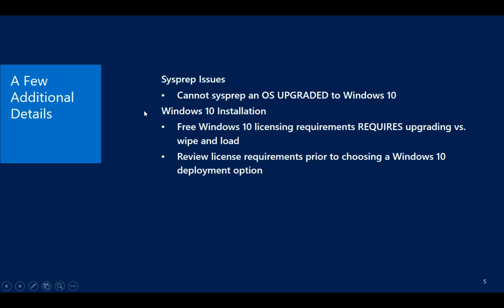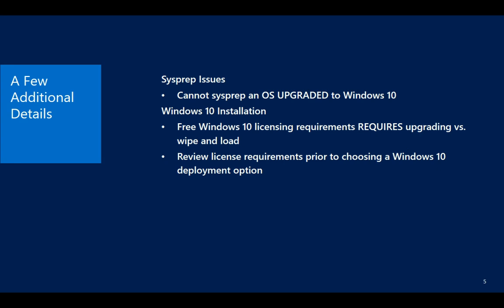All right, and then finally, a few additional details as we close this thing out. I told you it would be short, right? Wrapping up the series. Just a few things that I've come across as Windows 10 imaging has taken place. Certainly not an exhaustive list, and other issues might have crossed your radar, but these I've seen a couple of times. So first of all, sysprep. It's a very common process as you're capturing an image for storage and to use as your base image to have to sysprep.